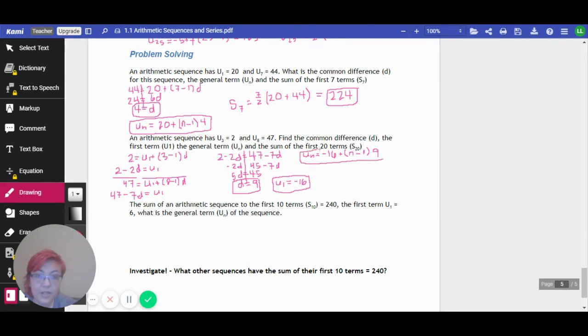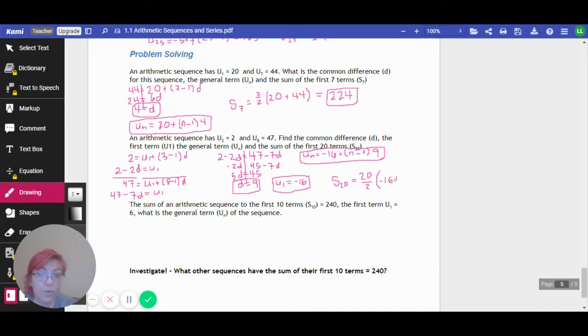Last but not least, we need to find the sum of the first 20 terms. So the sum of 20, where n is 20, equals 20 divided by 2 times the sum of the first term and the 20th term. Now, I don't know the 20th term.